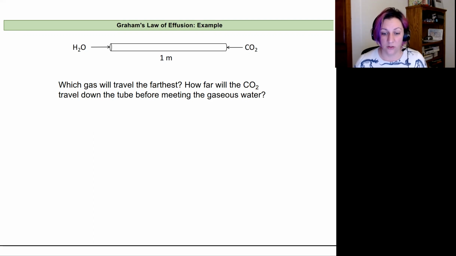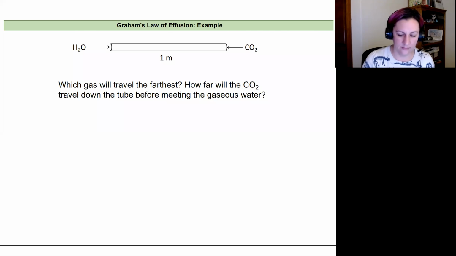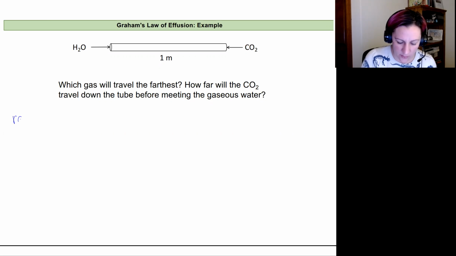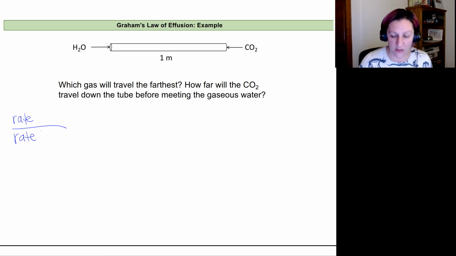So let's work through this. We're going to need to use Graham's law of effusion. So let's start by writing that down. Remember, this is going to tell us our rates relative to one another. So we're going to look at the rate of water compared to the rate of carbon dioxide.